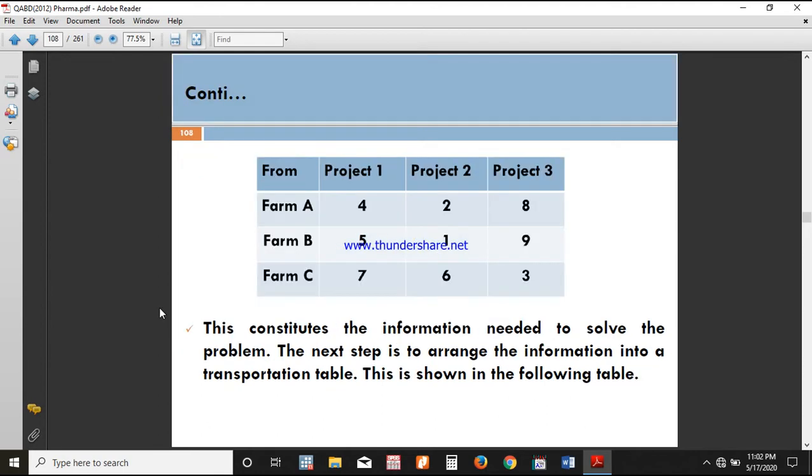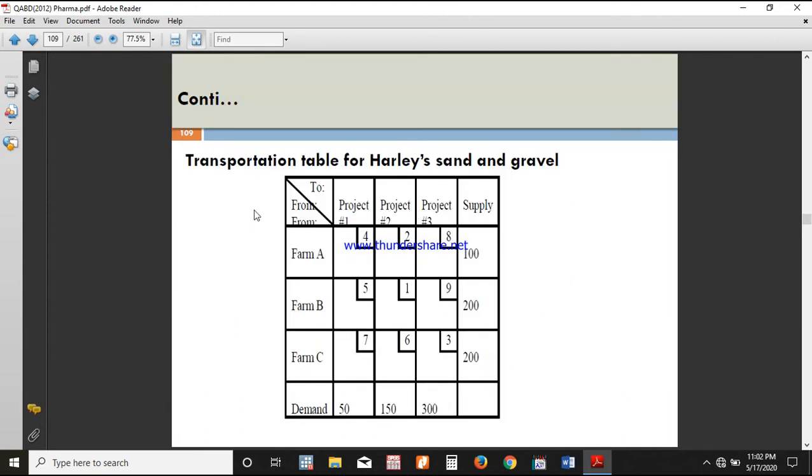Based on this, these are the 3 farms with the 3 projects and the unit costs available. All 3 conditions are now satisfied, and we can formulate the transportation model directly.